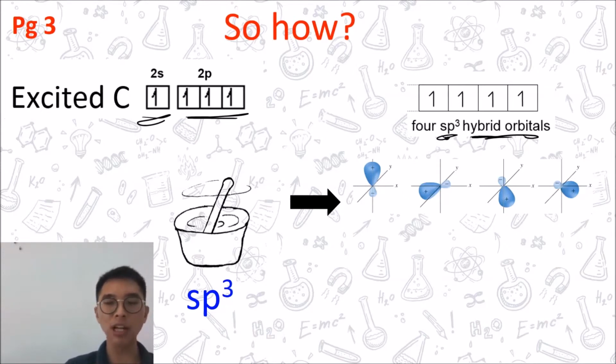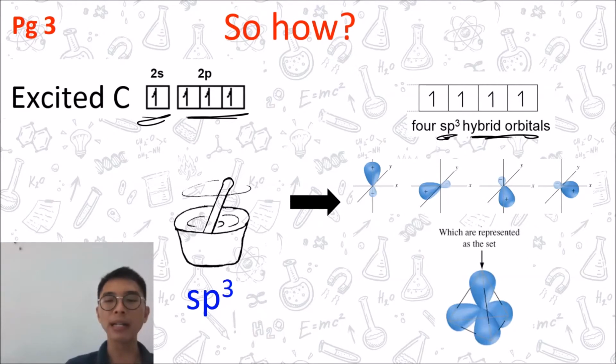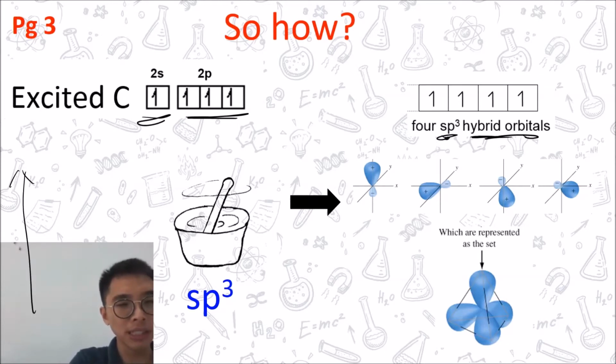These are the 4 sp3 hybrid orbitals, and we can combine them together to give me my tetrahedral geometry. In your notes on page 3, you will also see the word degenerate. Degenerate means they have the same energy. Previously, this is my 2s, this is my 2p.